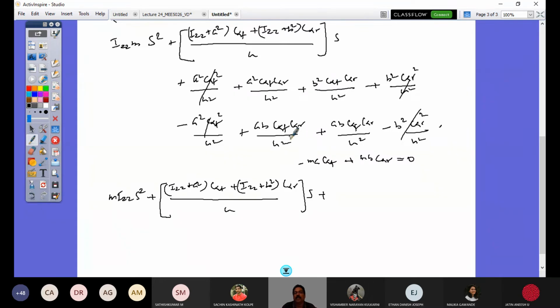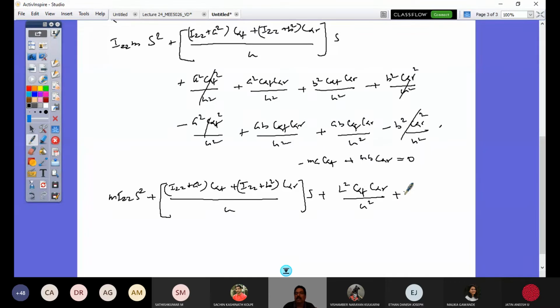You know a squared plus b squared plus 2ab is (a plus b) whole square, where a plus b is L, so it's L square. So I would write that as L square C alpha F C alpha R by u square. So these four terms are reduced to a single term, and plus here I take m out.